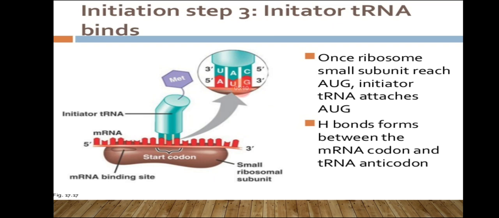So hydrogen bonds form between the mRNA codon and tRNA anticodon. You can see here in this diagram the hydrogen bonding: AUG is of mRNA and UAC is of tRNA. So codon and anticodon pairing takes place with the help of hydrogen bonds. It carries the activated amino acid methionine.